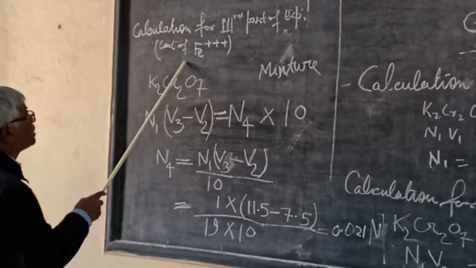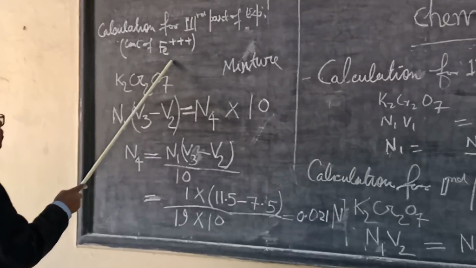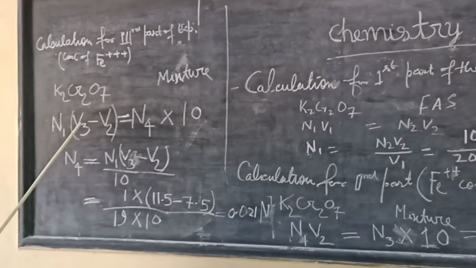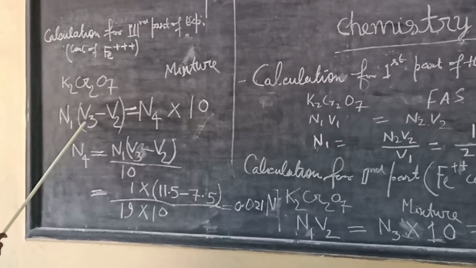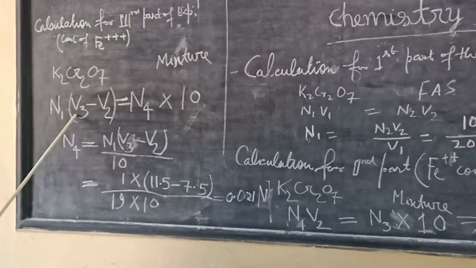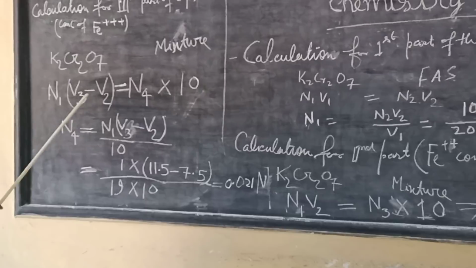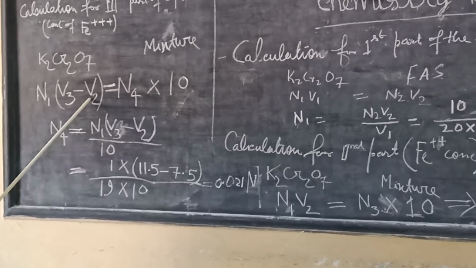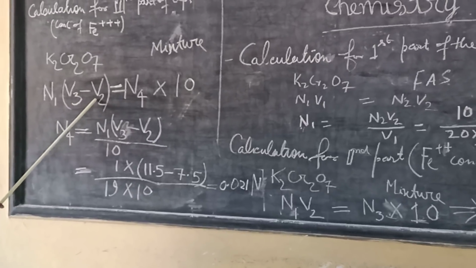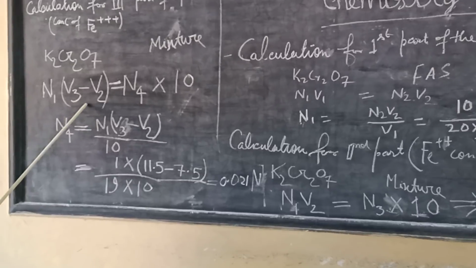Now the third part calculation, the iron 3 concentration. Here V3 is the total volume of K2Cr2O7 used for the total iron, and V2 is for ferrous iron. So you subtract V2 from V3, and it gives the ferric iron concentration present in the solution.